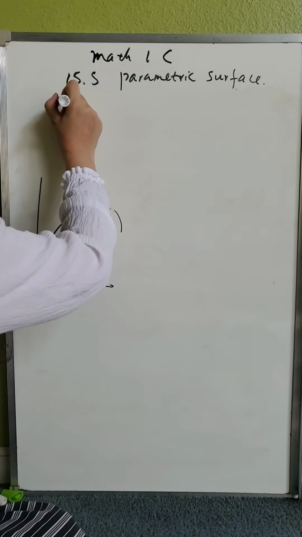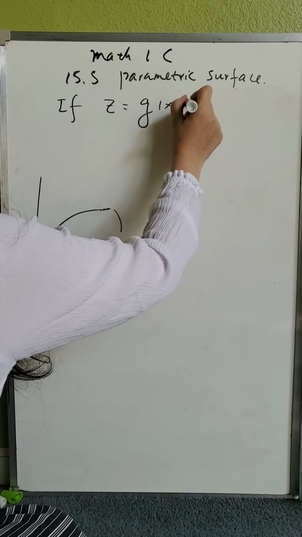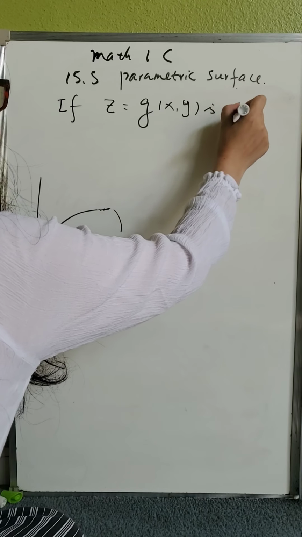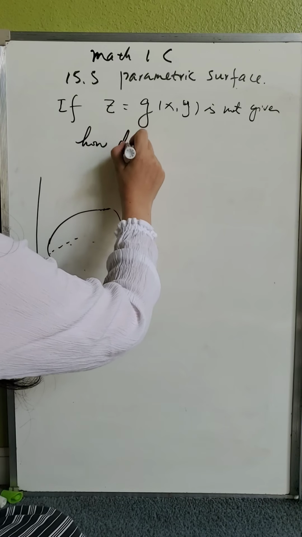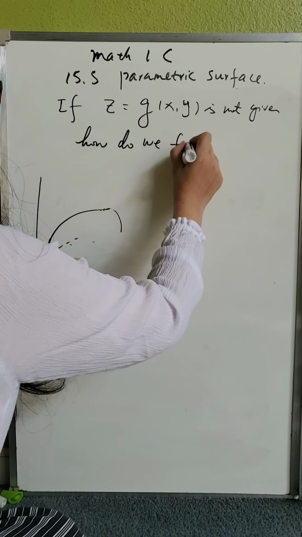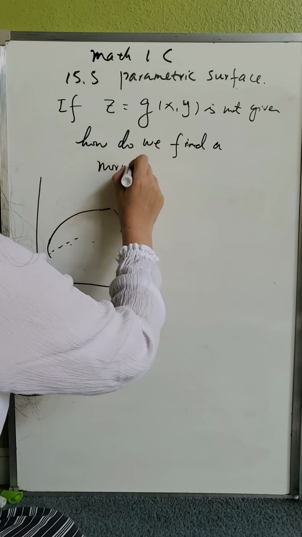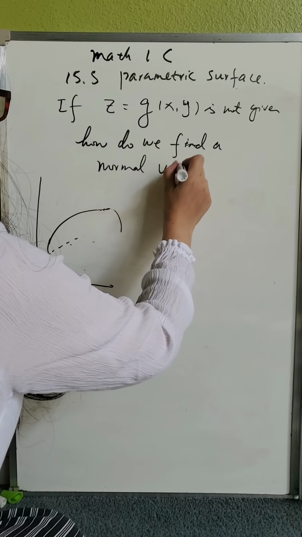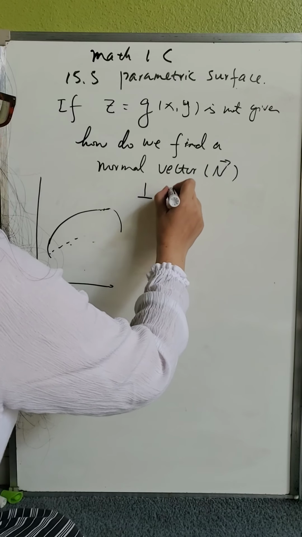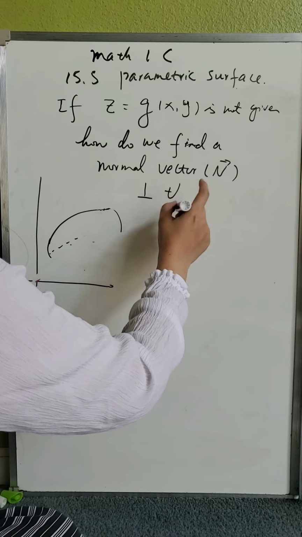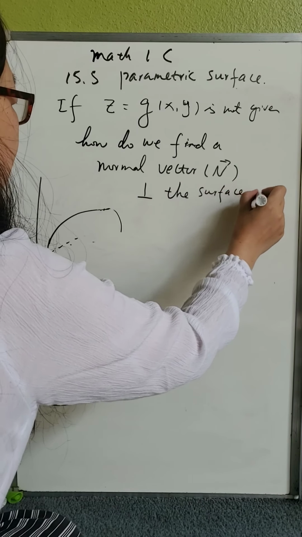Maybe I write right here: if g, the surface function, is not given, how do we find a normal vector? Let's say I use an n. It is perpendicular to the surface at a point.